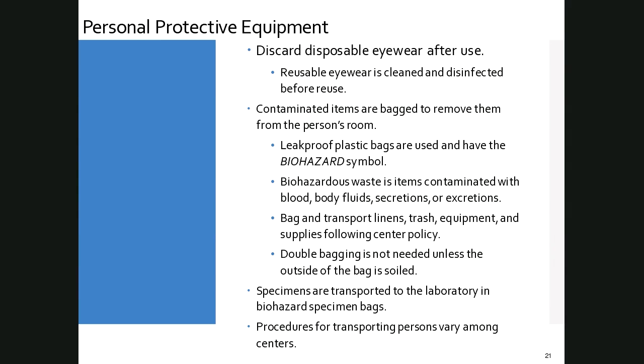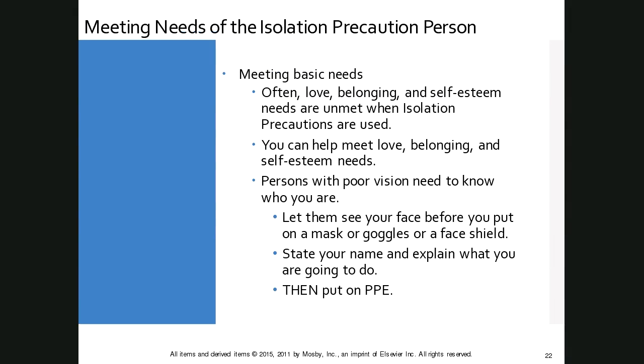And then there are procedures for transporting persons in the facility if they have some form of problem that could be contagious. Now, when you put someone in isolation, you really are limiting the contact they have with people. So family has to be informed.